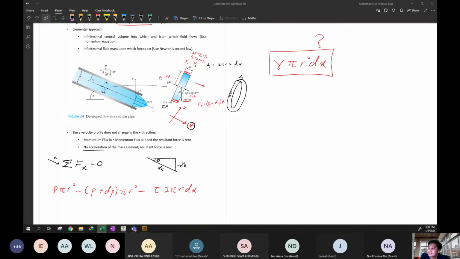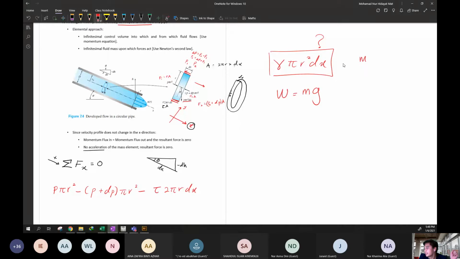Okay, correct. This is the weight of this control volume. So what is the formula of weight? Weight is equal to mass multiplied with gravity. What is the mass?